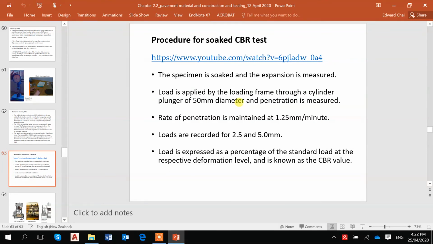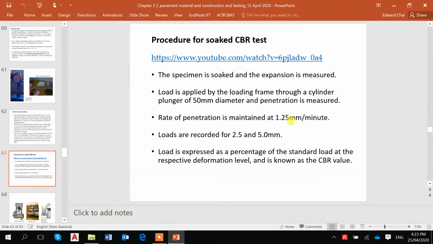Then the load is applied to the cylinder plunger of 50 mm diameter, and penetration is measured. So you apply the loading on this sample, and the rate at which you penetrate the sample has to be around 1.25 mm per minute.